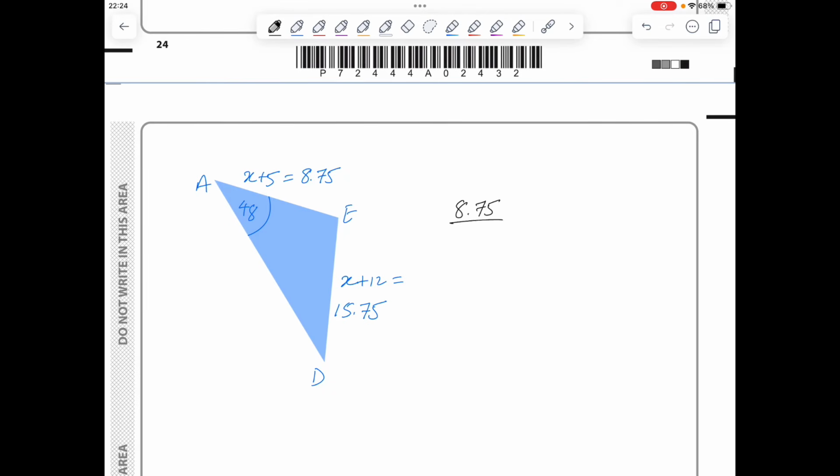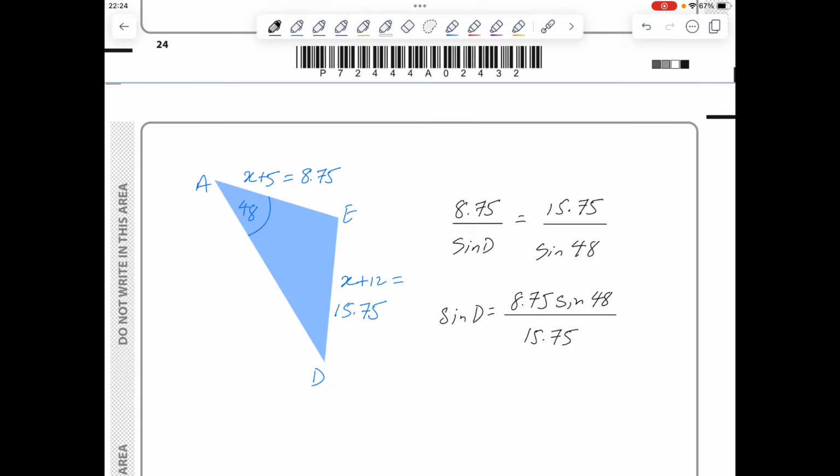8.75 over sine of D equals 15.75 over sine of 48. If you cross multiply, sine of D is equal to 8.75 sine of 48 over 15.75.